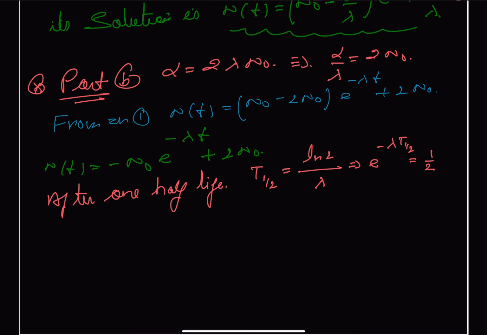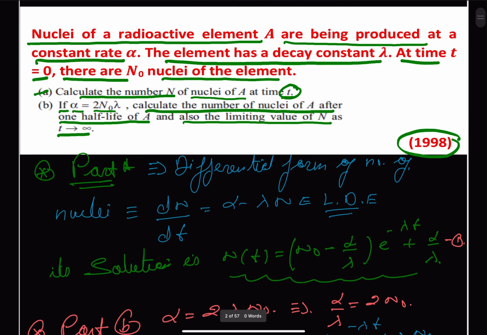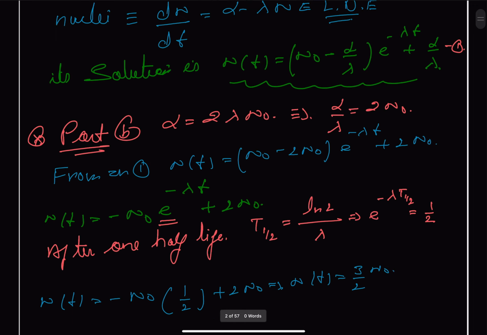So we substitute this in the equation, which gives n of t is equal to minus n0 multiplied by half plus twice n0. This comes as 4 minus 1, which is 3 by 2 times n0. And this was the first part of part B, and the second is the limiting value.